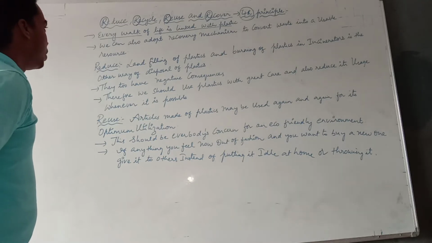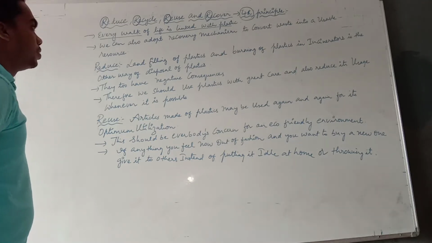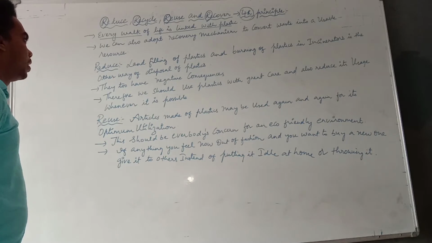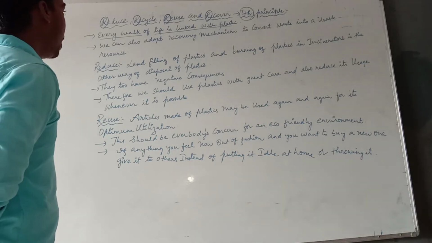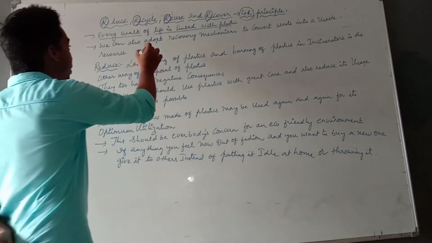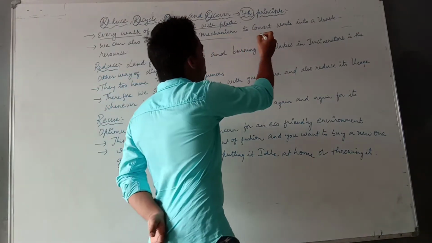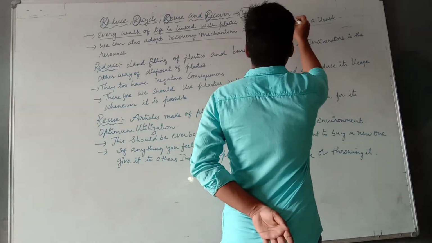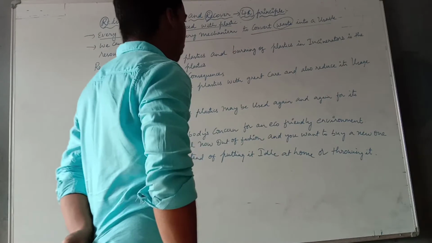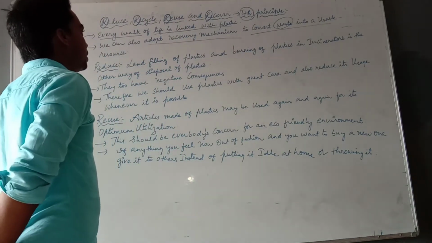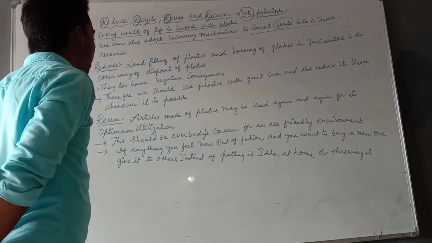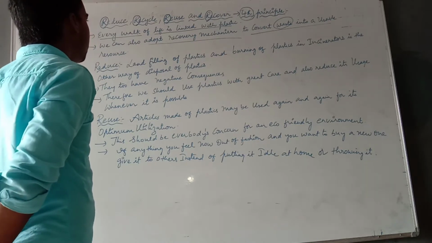So we cannot avoid usage of plastics because we merely depend on it, but we can adapt some recovery mechanisms to convert this waste into a usable resource. We all know that these plastics can be recycled, which can be reused.